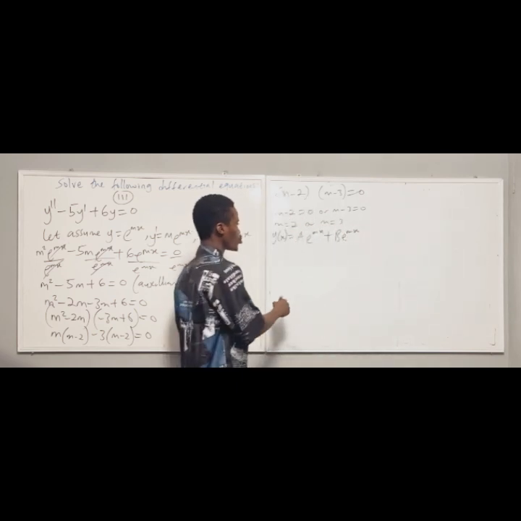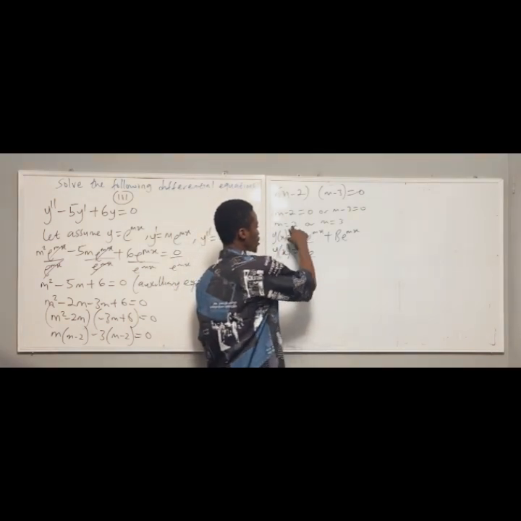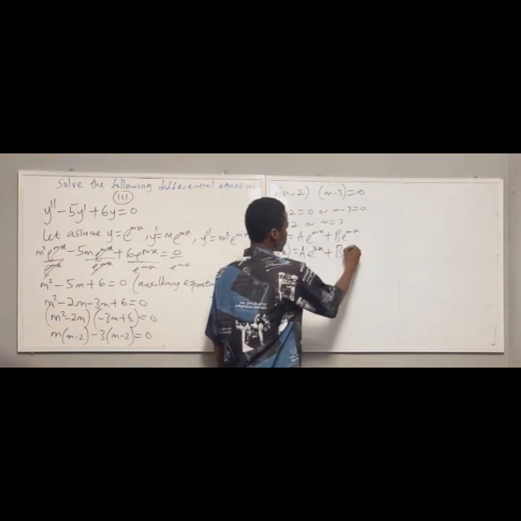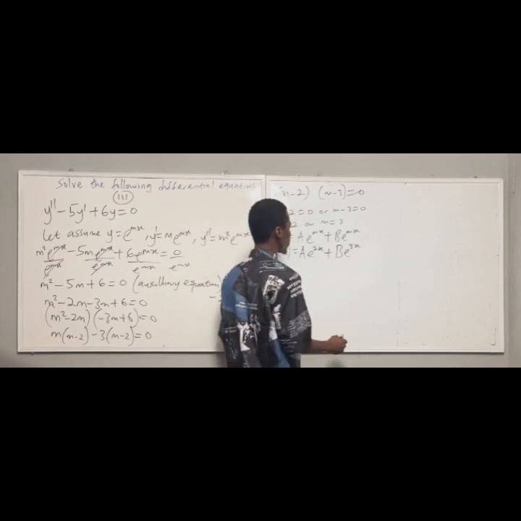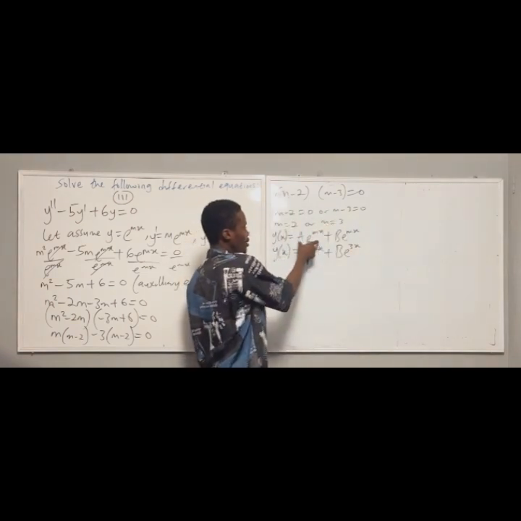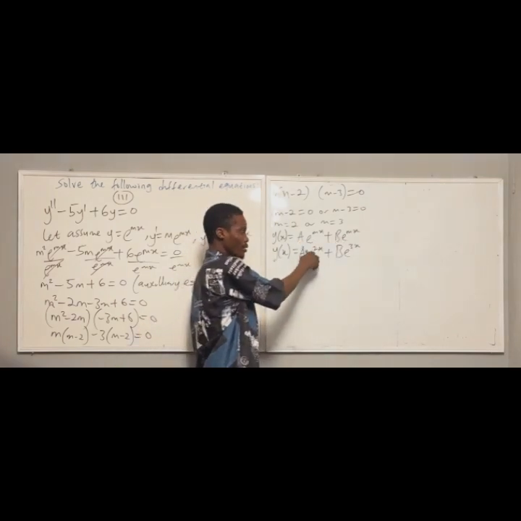Since our m is 2 and 3, y of x is equal to a e^(2x) plus b e^(3x). Whenever I see m, I put 2 for one and 3 for the other.